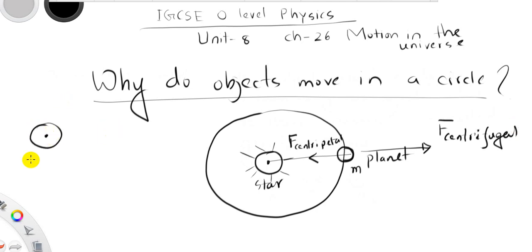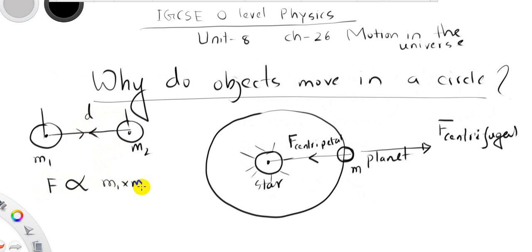Say here it is one object M1 and another object M2, and the distance between the two objects is d. So the amount of attraction force according to Newton's law of gravitation: gravitational attraction force is directly proportional to the product of two masses, and also inversely proportional to the square of the distance between them.